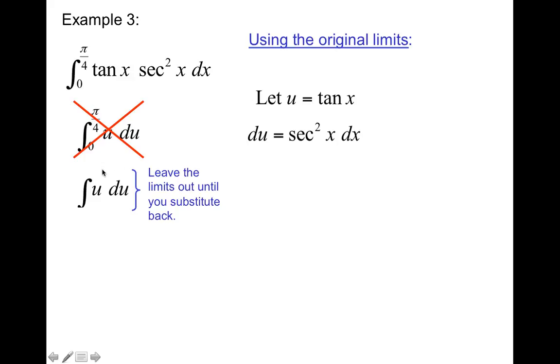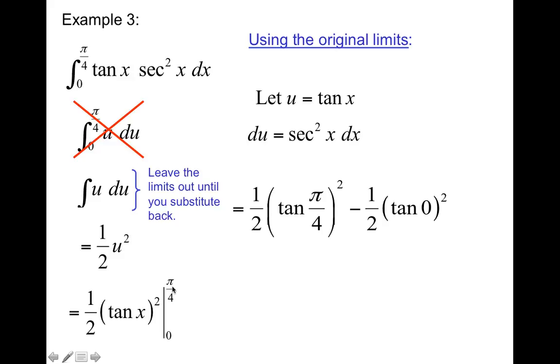So typically in our work, we would just show the antiderivative. We would not put limits in here right now because we haven't figured out these new ones. I'd go through and do the antiderivative business. And then once I get to this point, I know that u equals tangent of x. So I'd go and replace u with tangent of x, and then I can go ahead and put the original limits in there.